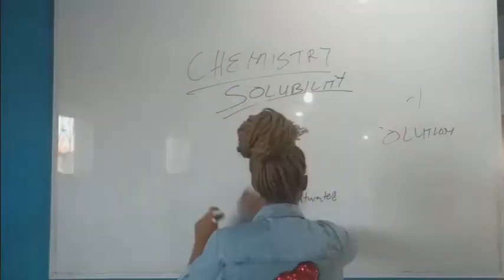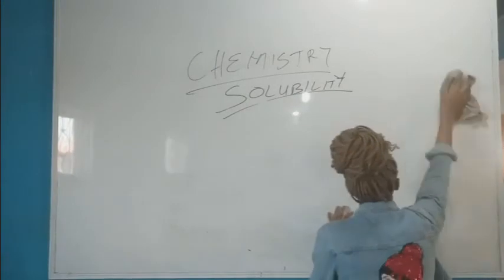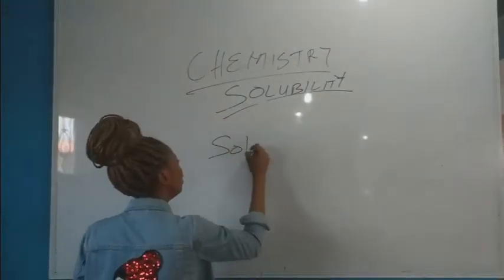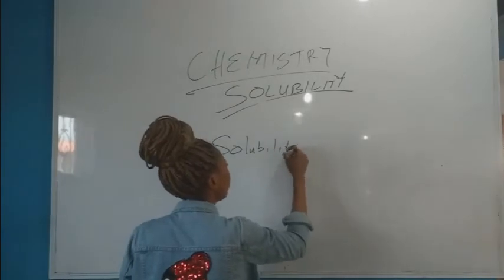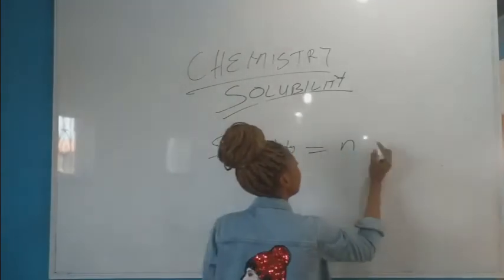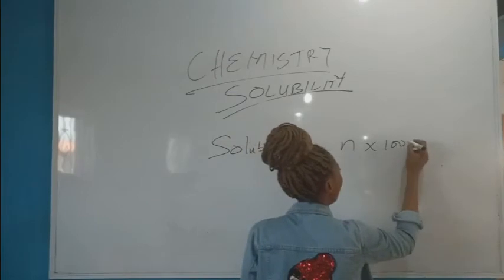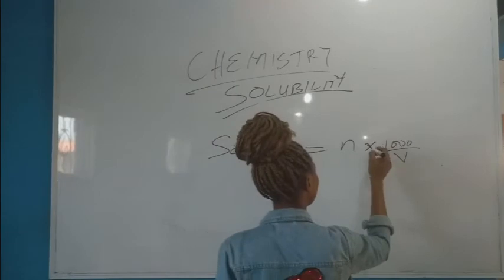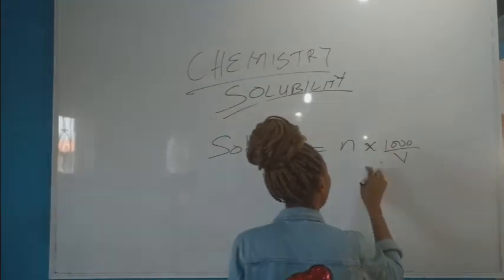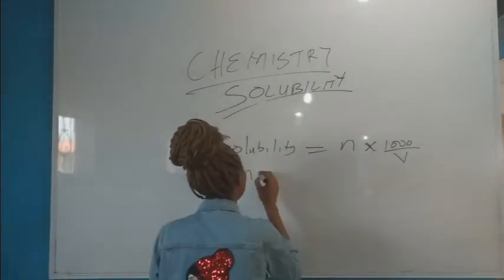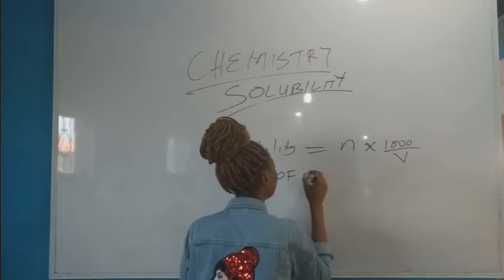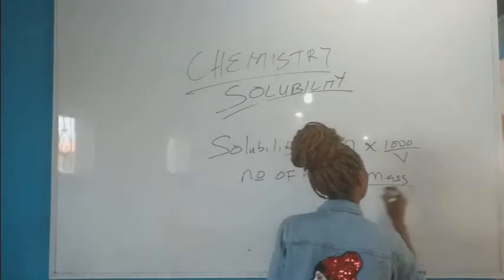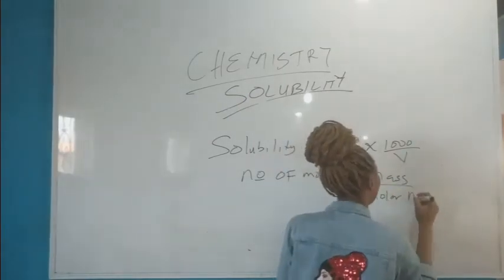Please let's note an important formula in solubility. To calculate the solubility of any substance, solubility equals N times 1000 over volume. This is the formula of solubility. And N is equal to the number of moles, and number of moles equals mass over molar mass.